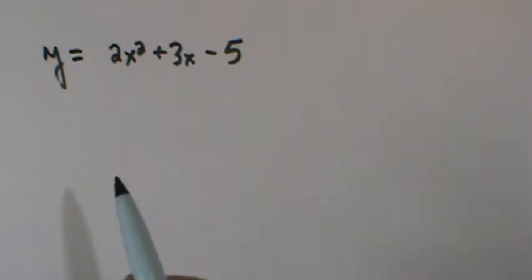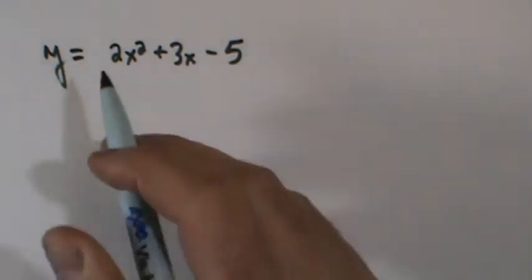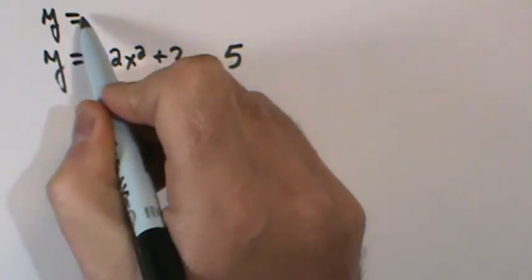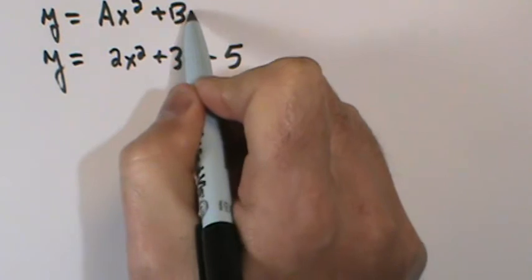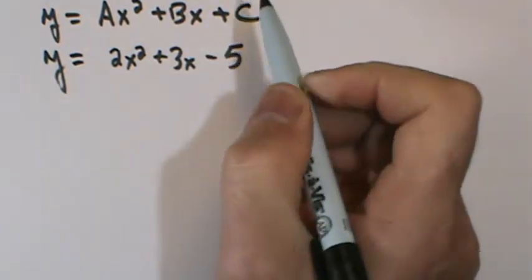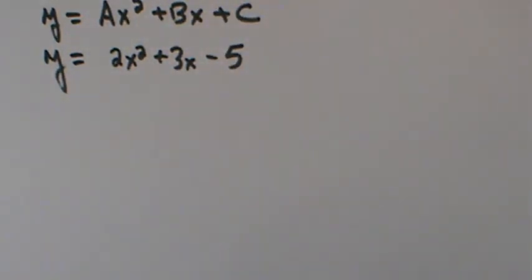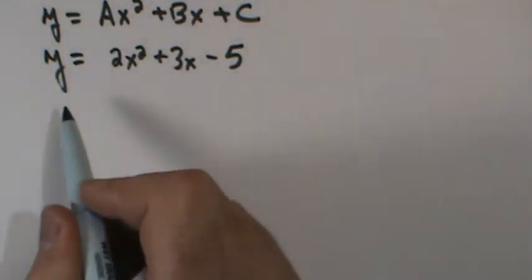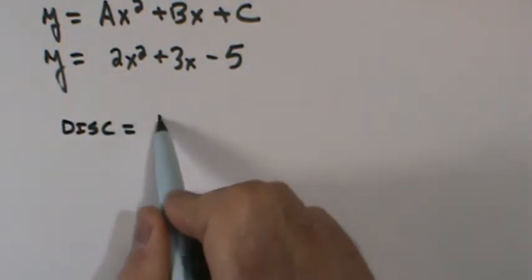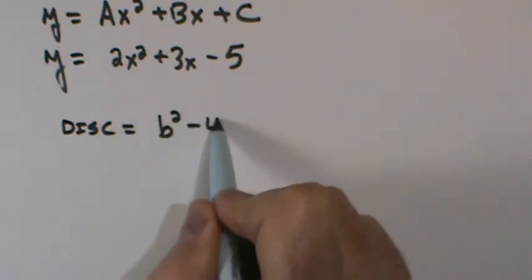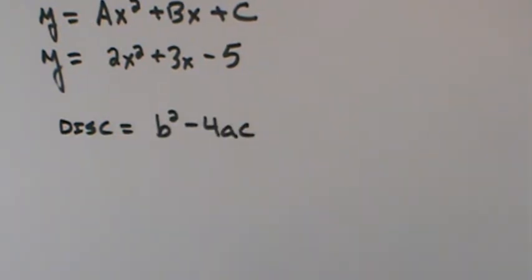Now, what am I specifically referring to? The form here is y equals ax squared plus bx plus c. To determine the value of the discriminant, it is equal to b squared minus 4ac. That's all you have to do today.